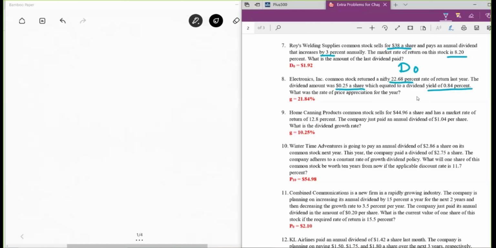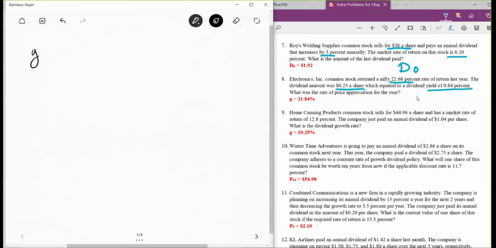To find the growth rate, I have multiple formulas. It's D1 divided by D0 minus 1, or P1 divided by P0 minus 1. However, the formula that I'm going to use in this situation is the following.